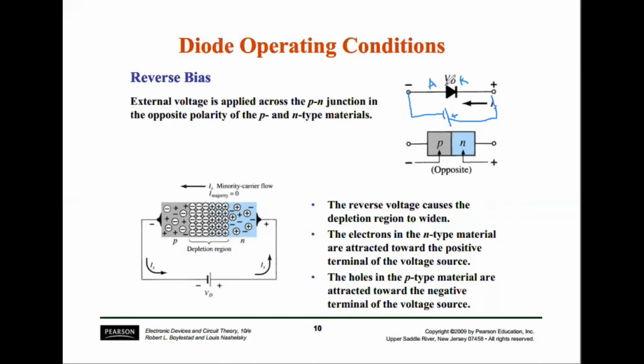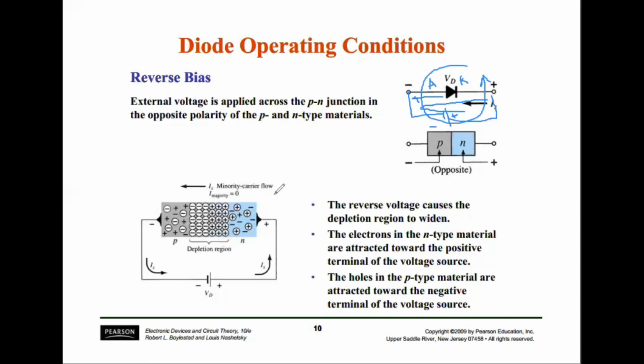We also know that the majority of the carriers are positive, so positive carriers will be pushed towards this terminal because this is negative, and negative and positive have attraction. So we will have current flowing in this direction, which is the reverse direction.